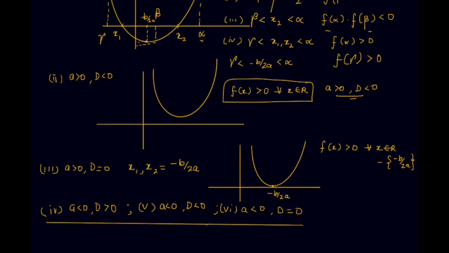We will not be discussing these three cases in this video, but you can always multiply the equation f(x) equals 0 by minus 1 to make the value of a greater than 0 in such cases and proceed in a similar fashion as we discussed previously. Now let's look at some of the questions that came in previous IIT papers and see how we can implement this theory.